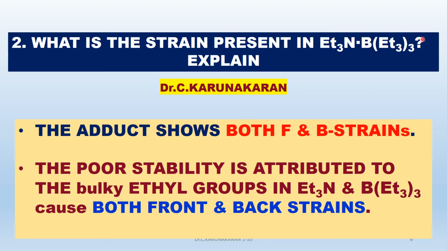So this causes back strain, steric congestion behind the donor and acceptor atoms. This is much less stable than the previous case because the bulky ethyl groups cause both front and back strains.